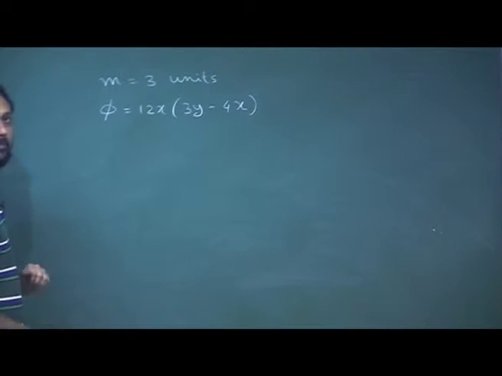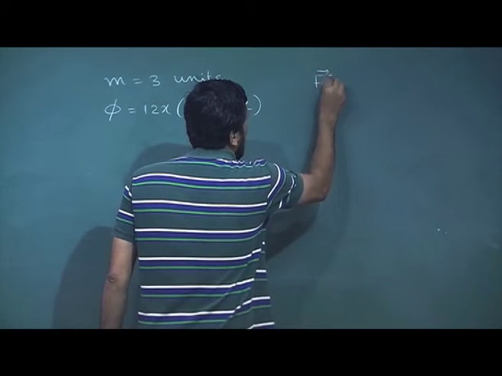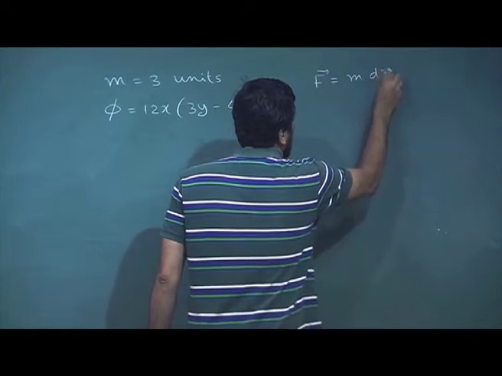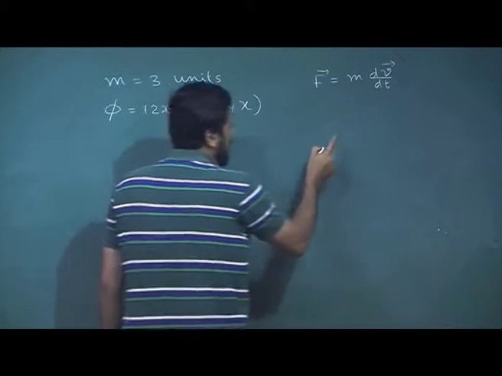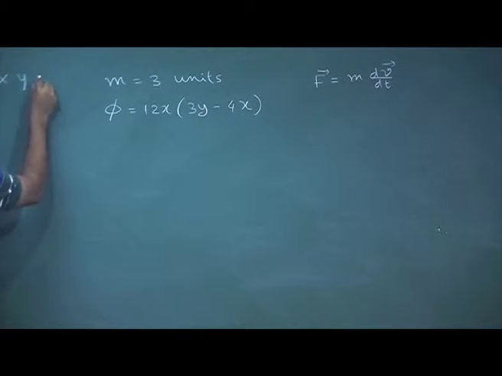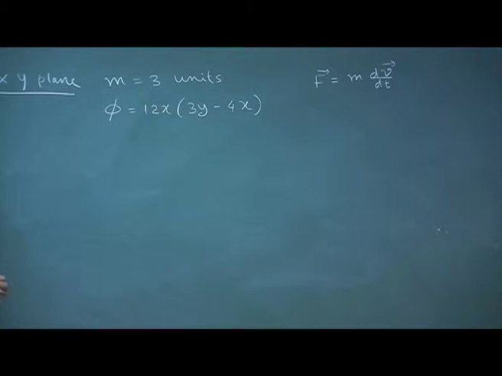Now, how do we compute the equation of motion? We know that the equation of motion essentially is F equal to m dv/dt. In this case, as the particle moves in the xy plane, this is very important, the position vector will have two components, x and y essentially.